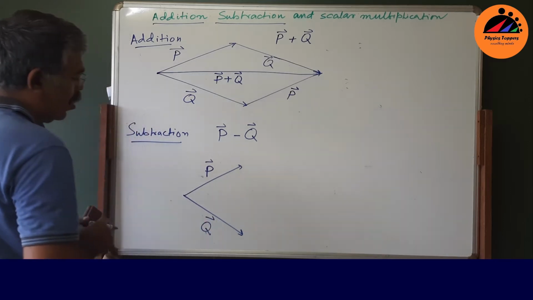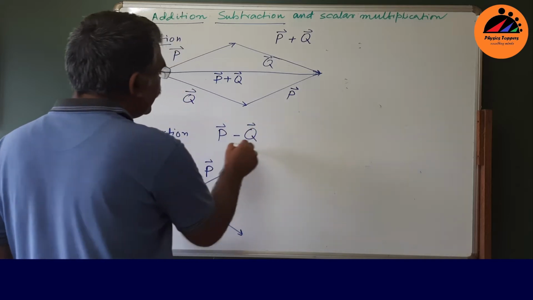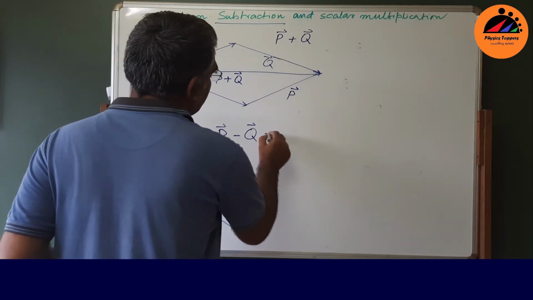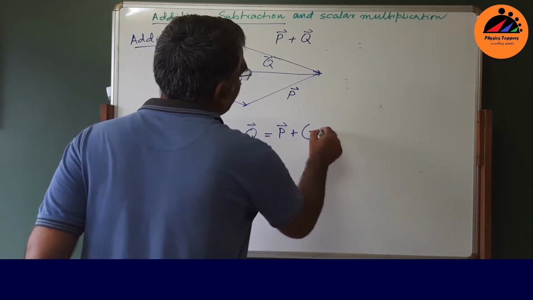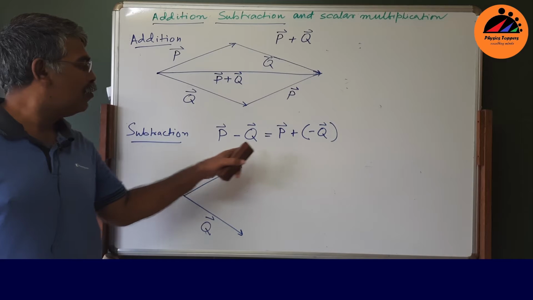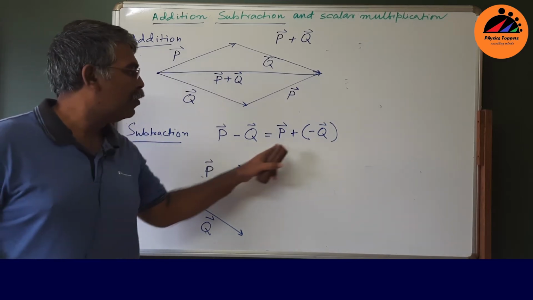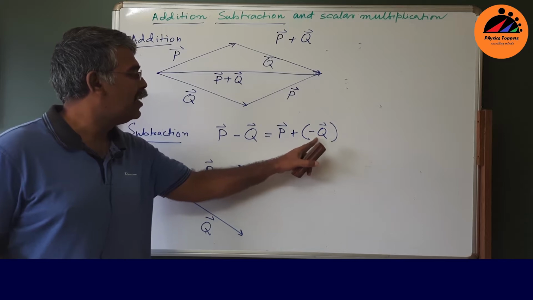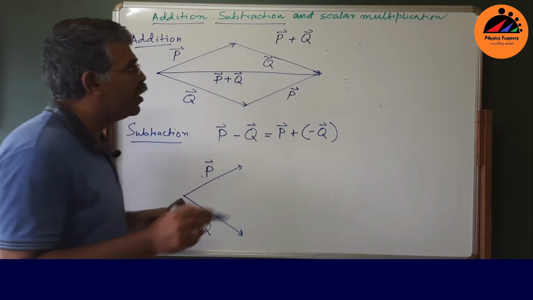Q. What do you do? First, you need to generate a minus q. Basically, this is equivalent to p plus of minus q. Now, minus q, vector subtraction is basically a vector addition. You just change this q to minus q. So what you get if you change the q to minus q?